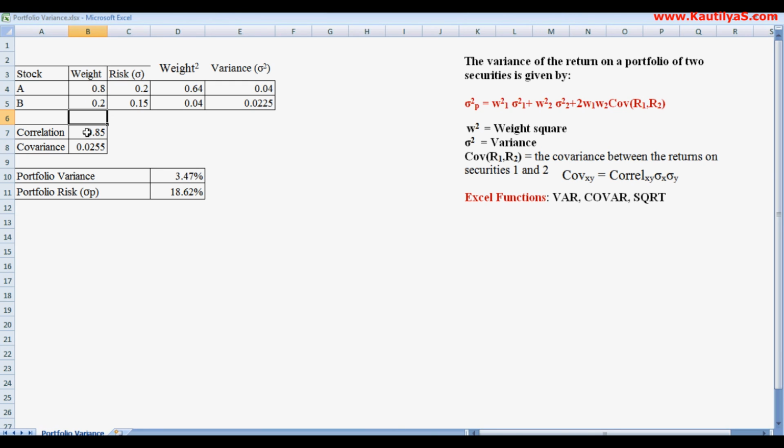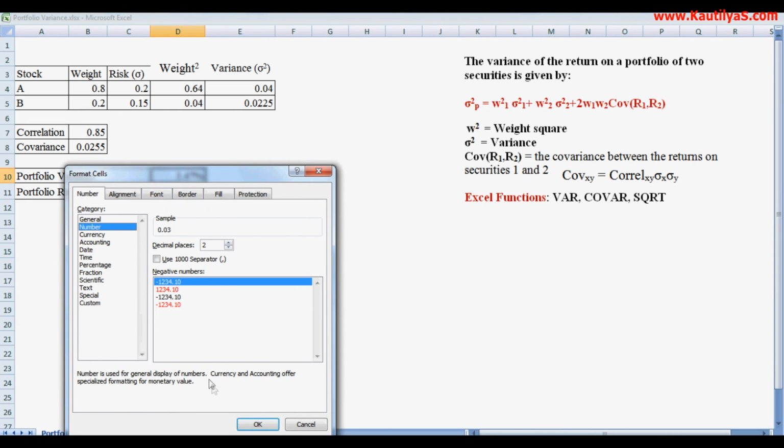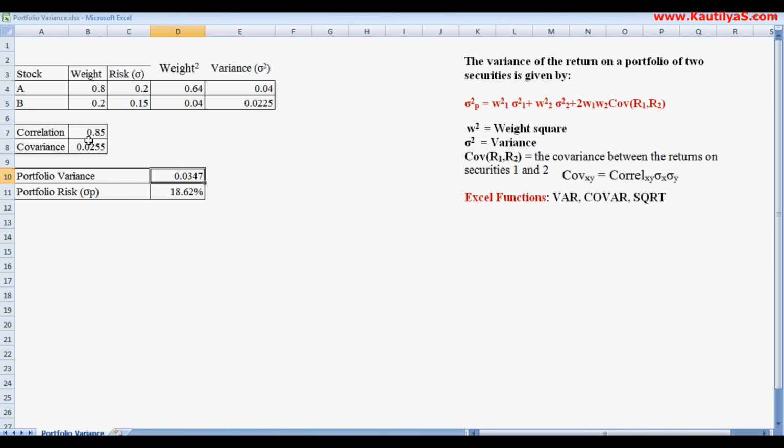If we look at correlation, remember this has a positive correlation of 0.85. We'll take a negative correlation, minus 0.85. So our portfolio risk is decreased from 18% to 13%.